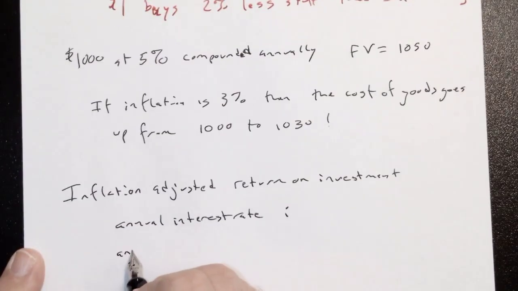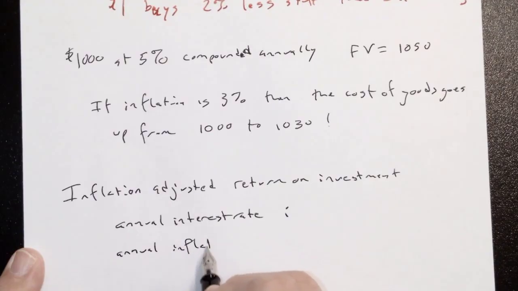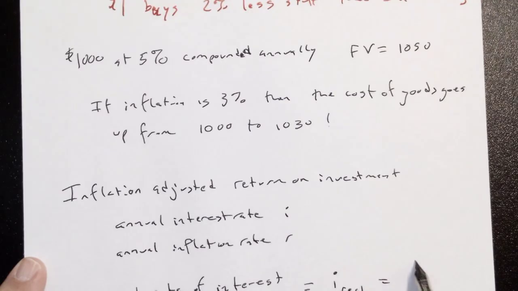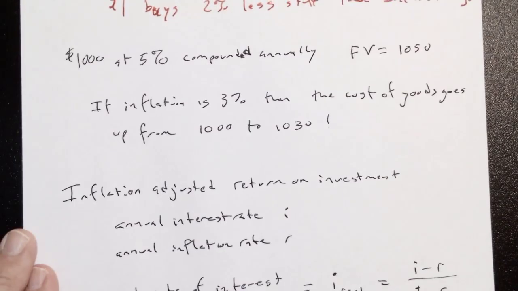Annual interest rate I, annual inflation rate R. Then the real rate of interest, or the inflation adjusted rate, is I subscript real, I minus R over 1 plus R. 1 plus R, not I.